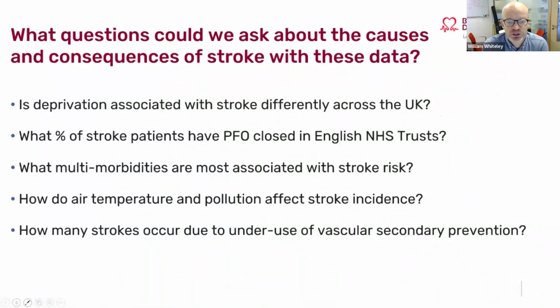How do air temperature and pollution affect stroke incidence? Angela Wood has worked very hard to bring in pollution data to link to these data sets. How many strokes occur due to underuse of vascular secondary prevention? These are just a few questions I came up with myself on my bicycle, and I'm sure that you will think of many, many yourself.